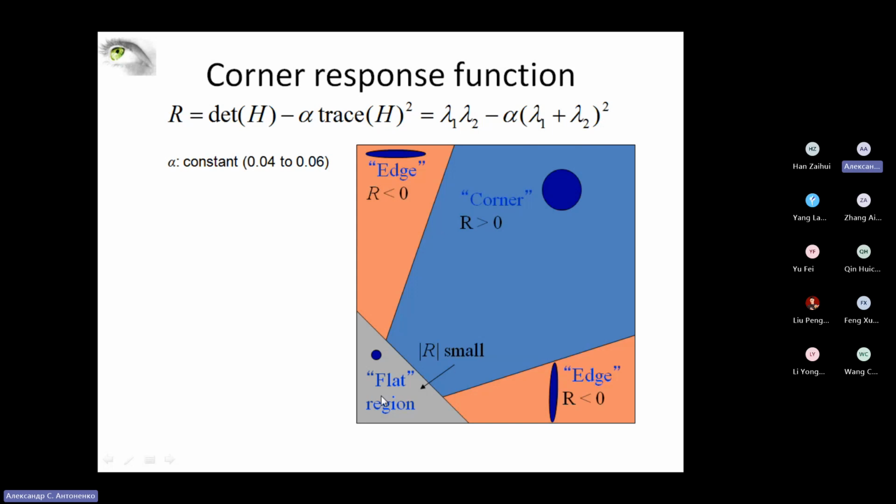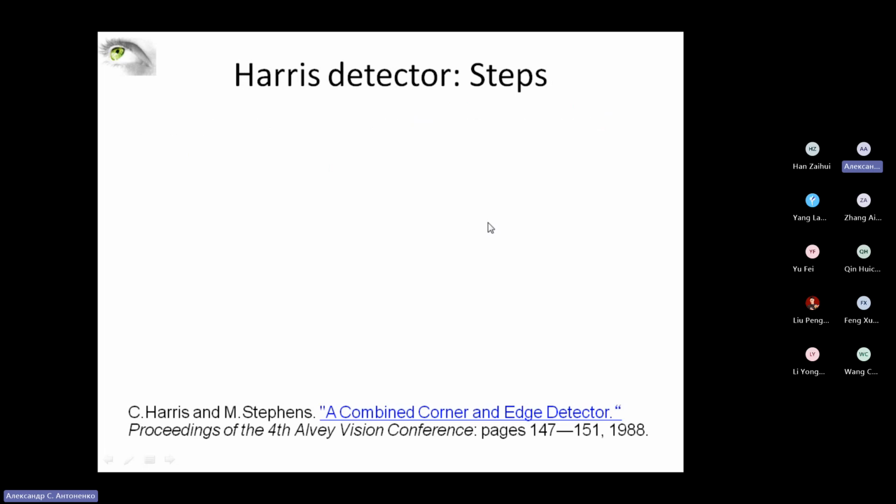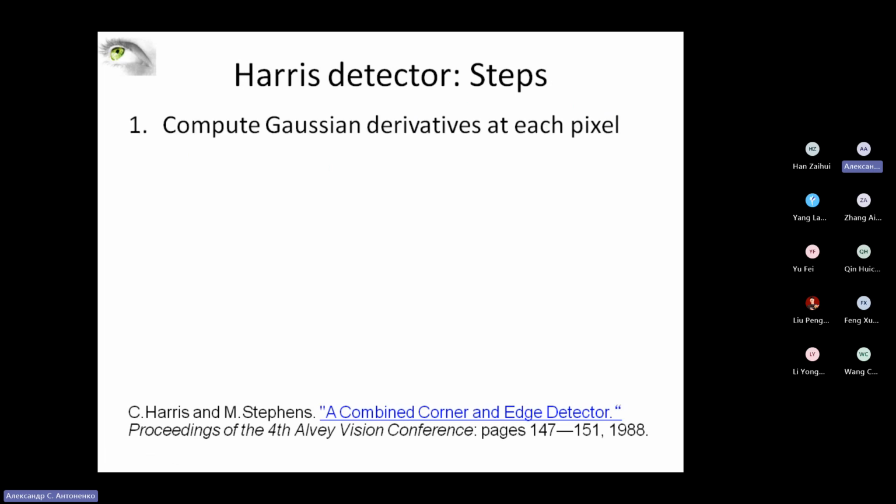If we have a small absolute value of this corner response function, then we have a flat region. If this response function is less than 0, we have an edge. And if the corner response function R is positive and big, bigger than some threshold, then we decide that it is a corner. Okay, let's find out which steps we need to use the Harris detector.